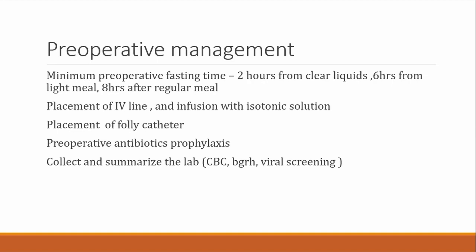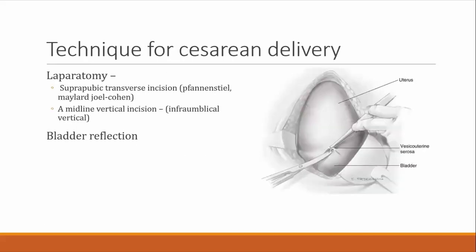If it is an elective cesarean section, normally she can urinate before the surgery, so there's no need of placing the Foley catheter, and antibiotics should be a must. And anyone before the cesarean section should know the laboratory summary, like for example the hemoglobin of the patient and the blood group, because it's very important in the preparation before the cesarean section.